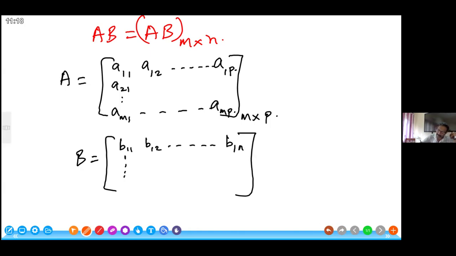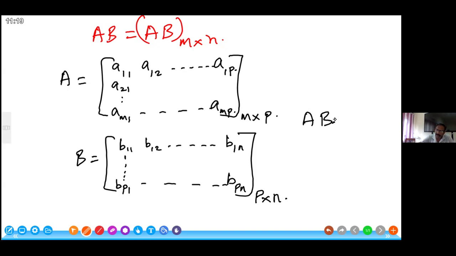Similarly, here BP1, up to BPN. So the size is P into N. Then only you can multiply A with B, right?